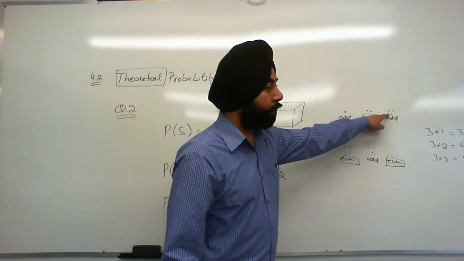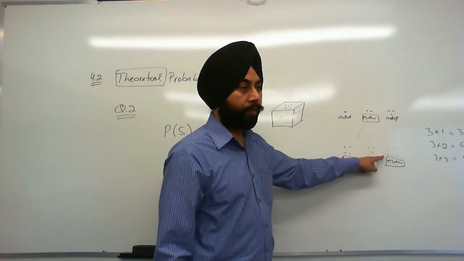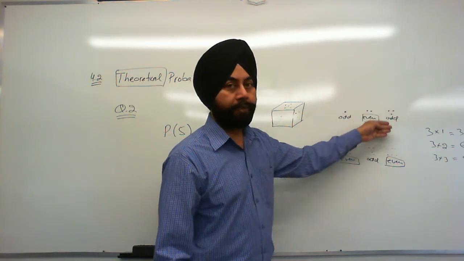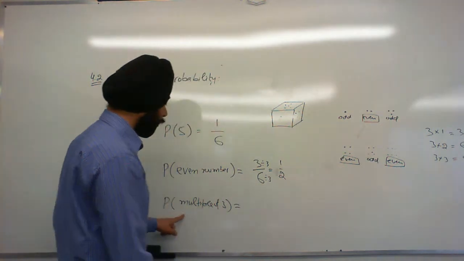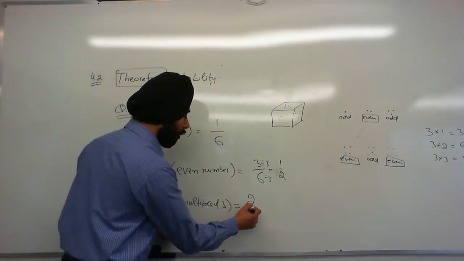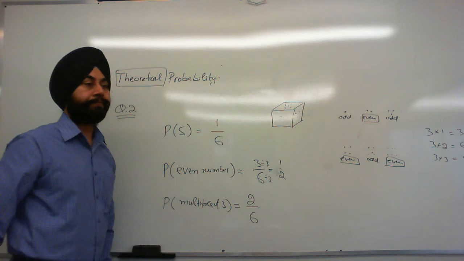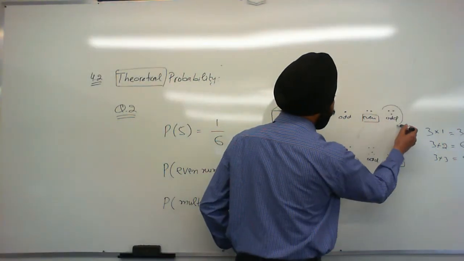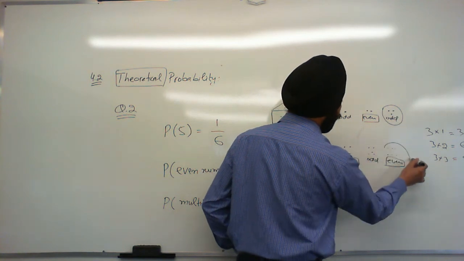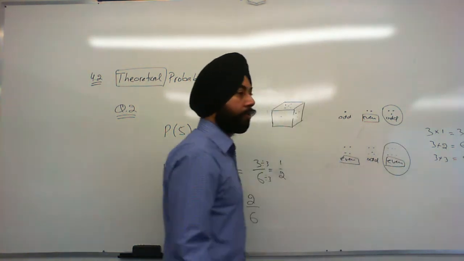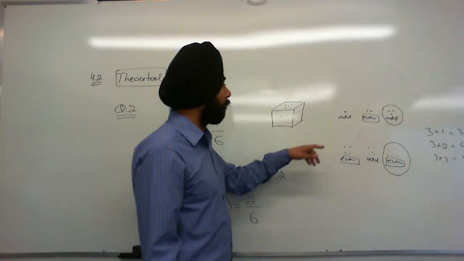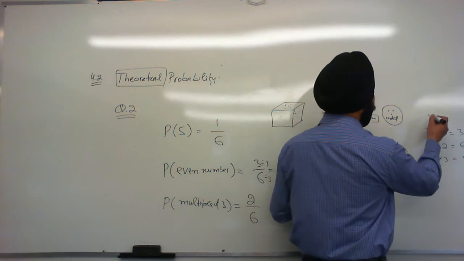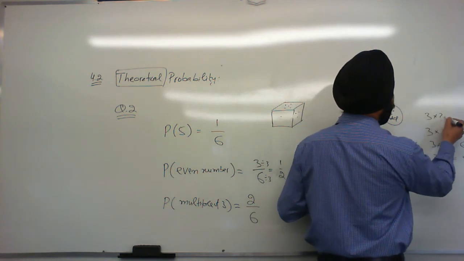You got 2 numbers in these 6 faces that are a multiple of 3, right? So what will be the probability? 2 out of 6. This is a multiple of 3 because it's 3 dots. This is also a multiple of 3 because it's 6 dots. And 1 is not a multiple of 3 because you cannot multiply 3 with any number to get a 1.